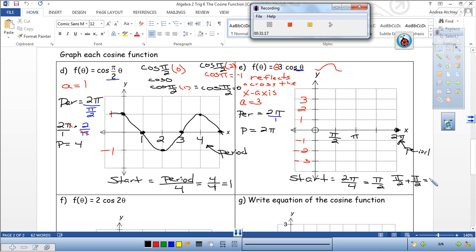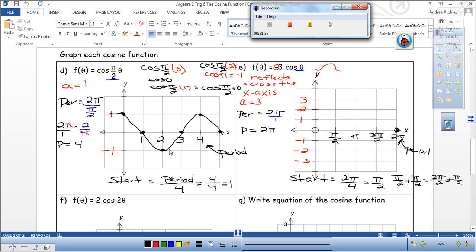No, you don't add the denominators. 1 plus 1 is 2 pi over 2, which is a pi. Then we add another pi over 2 to get here, which is 3 pi over 2. Any questions over that?